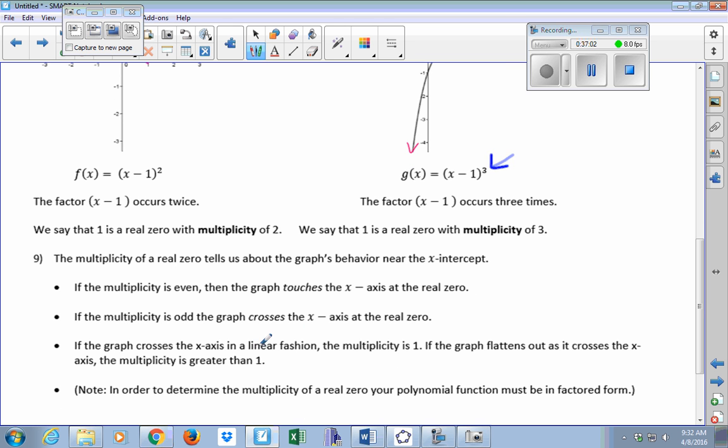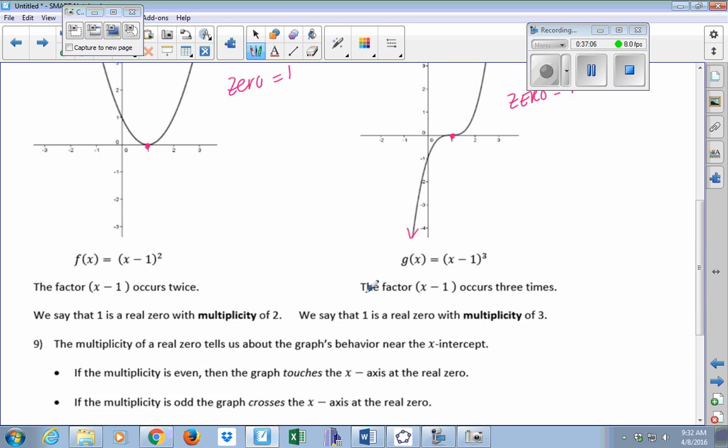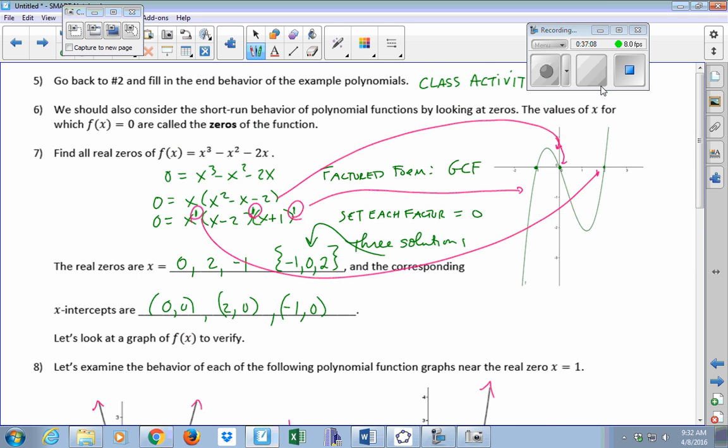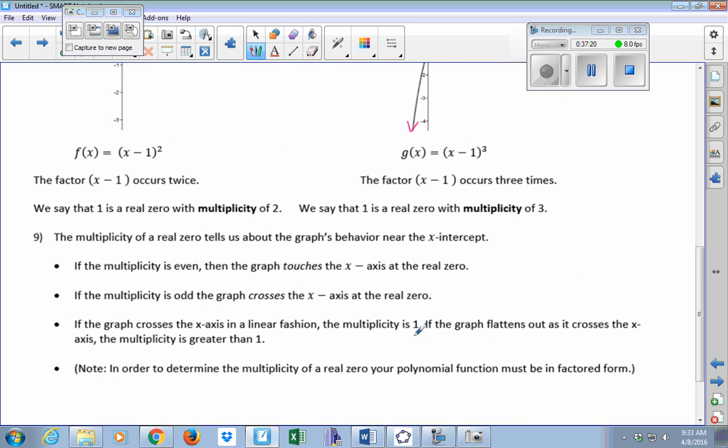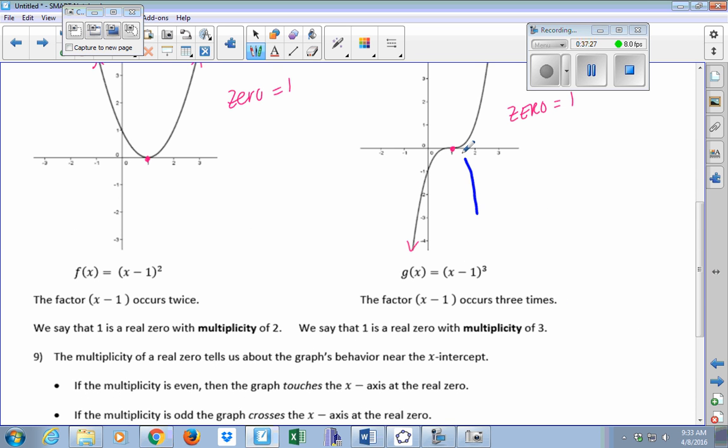If the graph crosses the x-axis in a linear fashion, like right here, notice if I blew up the behavior near those 3 zeros, it would look just like a straight line. If it crosses straight through like a line, then we know the multiplicity has to be a 1 on that factor. If the graph flattens out as it crosses, it's starting to flatten out right here.